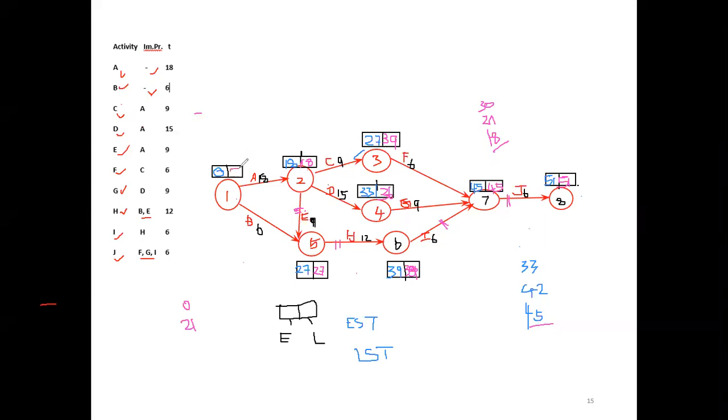Through which activity does the 0 come? That is definitely through the A activity. 18 minus 18, A. So A is a critical path activity. Okay, that's all.